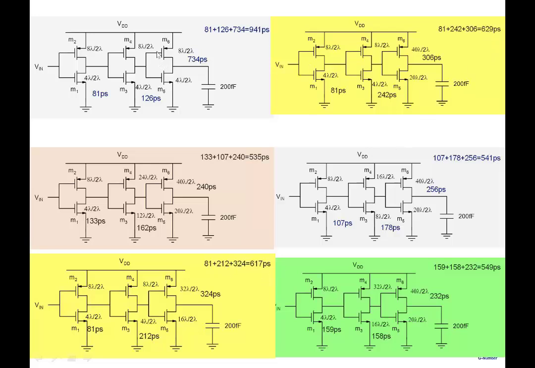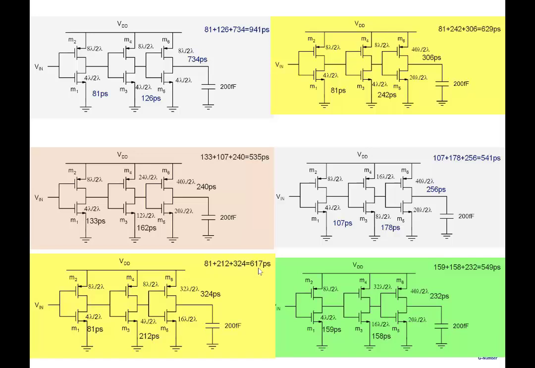So if I start from here, increasing the size of this by a factor of 5 is not really optimum. So what you are saying is, yes, increasing sizes helps.